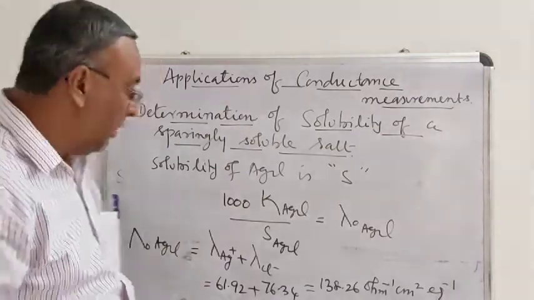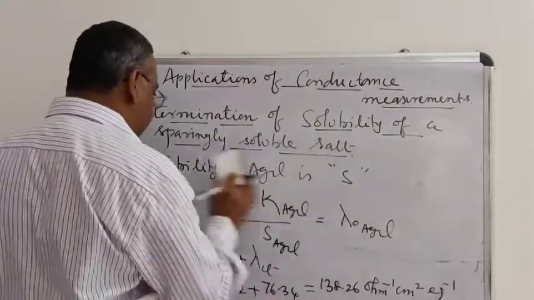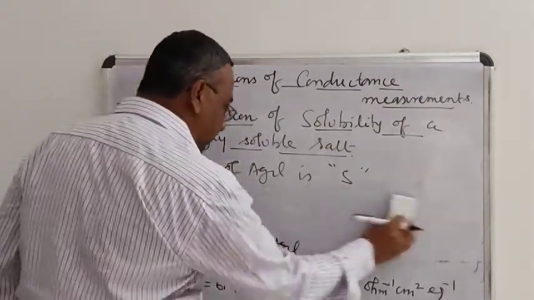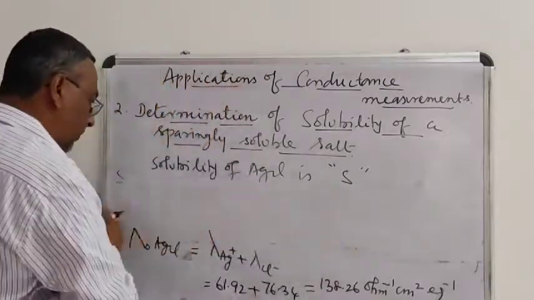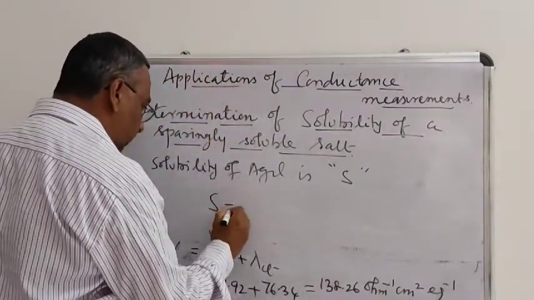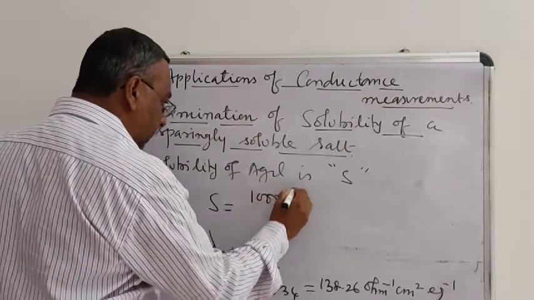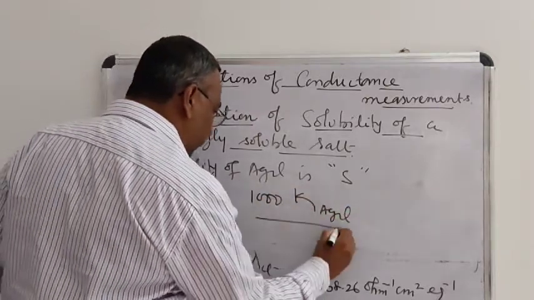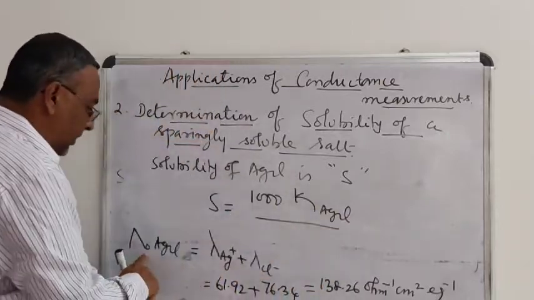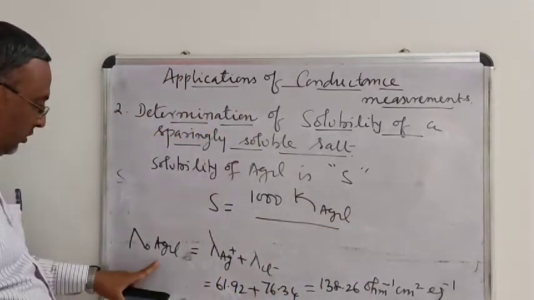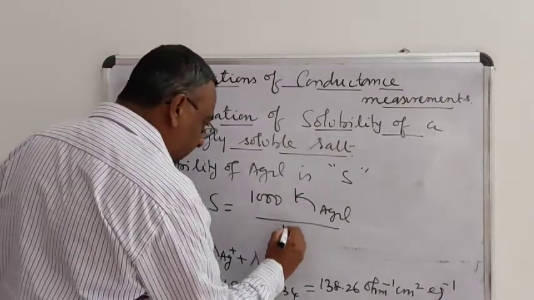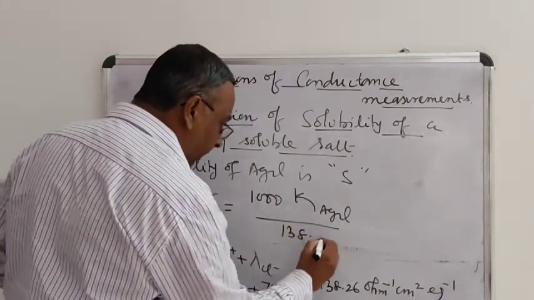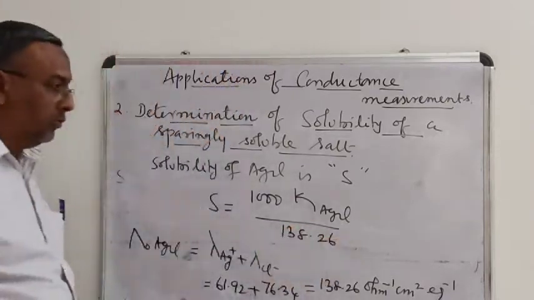So now I can write the solubility of AgCl, S, will be equal to 1000 into specific conductance of AgCl divided by the equivalent conductance at infinite dilution of silver chloride, that is 138.26.